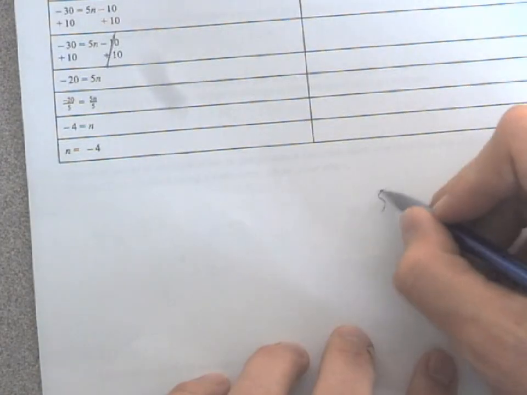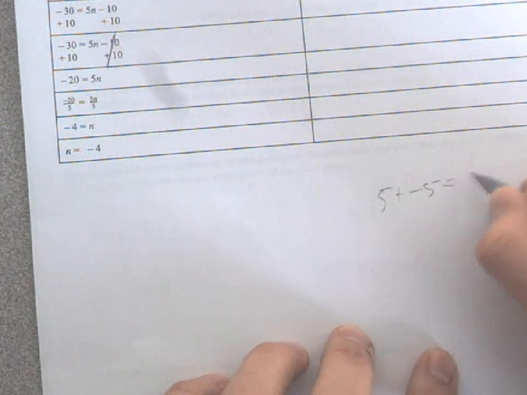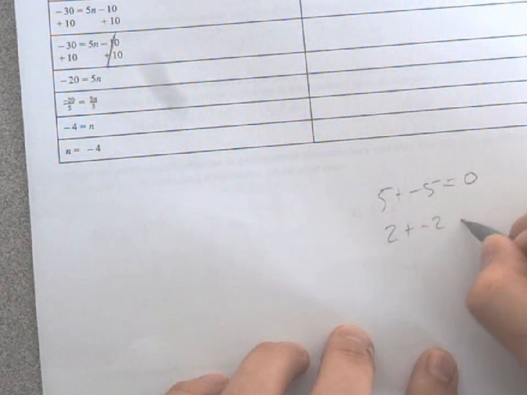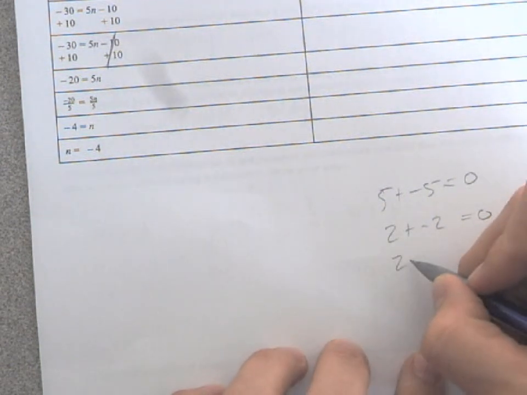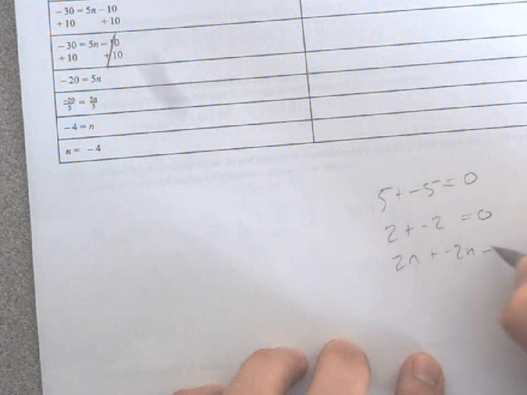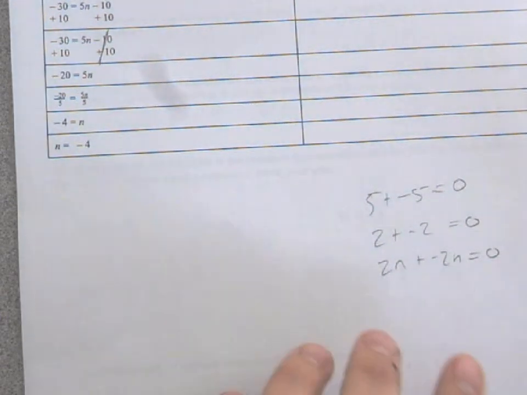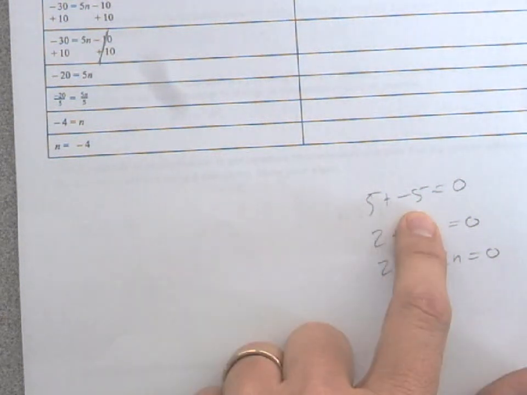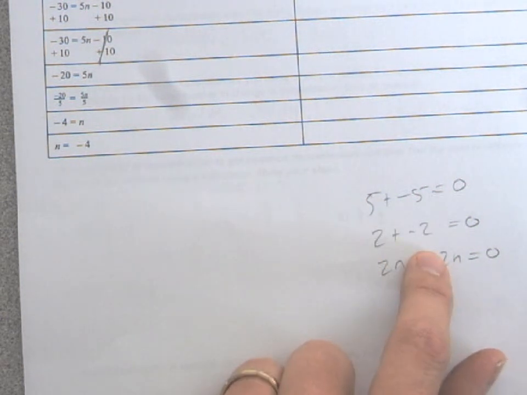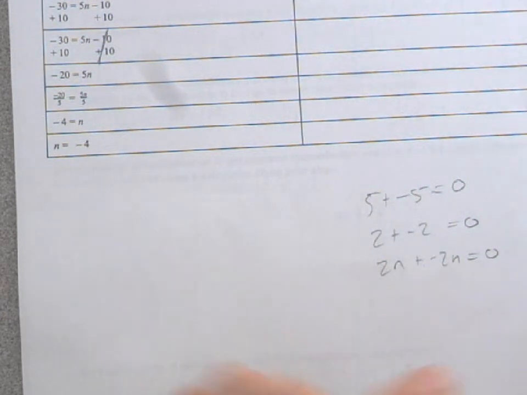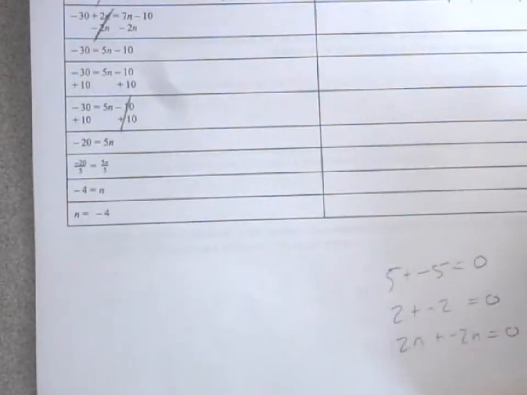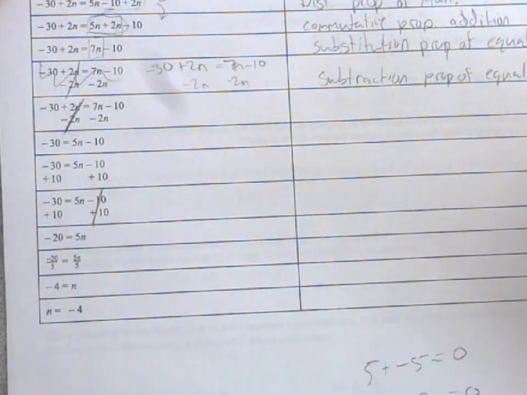Just down here, let's think about something for a second. 5 plus negative 5 is equal to 0. 2 plus negative 2 is equal to 0. So 2n plus negative 2n is equal to 0. These are what we call additive inverses. We have 5 and its opposite, 2 and its opposite, 2n and its opposite. When we combine opposites with addition, we get 0.